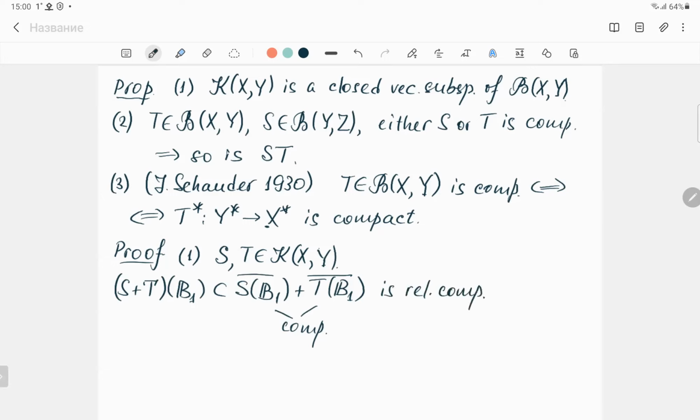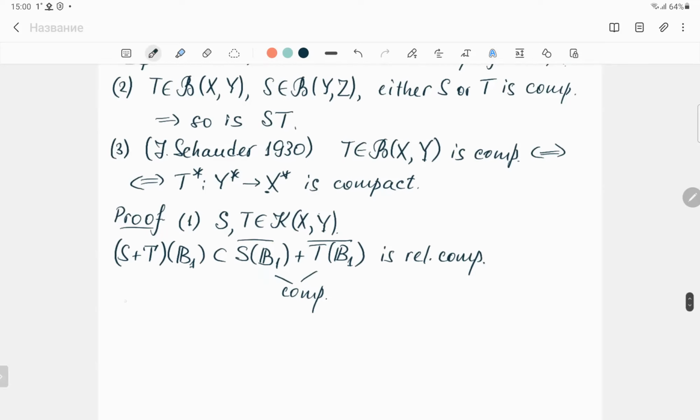Well, indeed, the product of two compact spaces is compact. And this set is just the result of applying the plus operation to their product. And the plus operation is continuous. So the continuous image of a compact space is compact. Okay, so we see that the sum S plus T is compact.